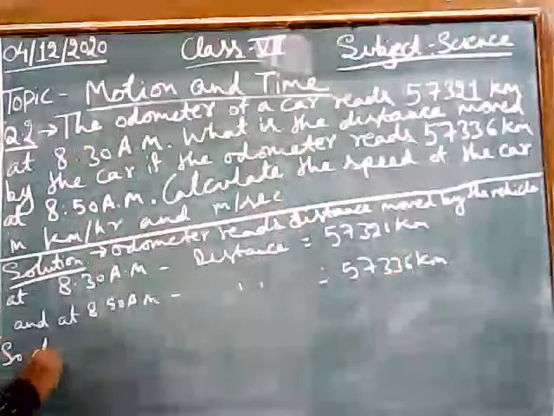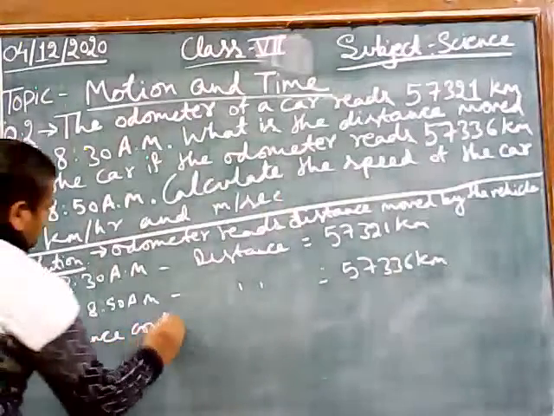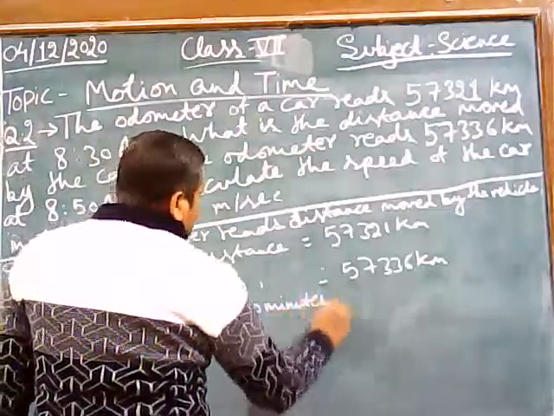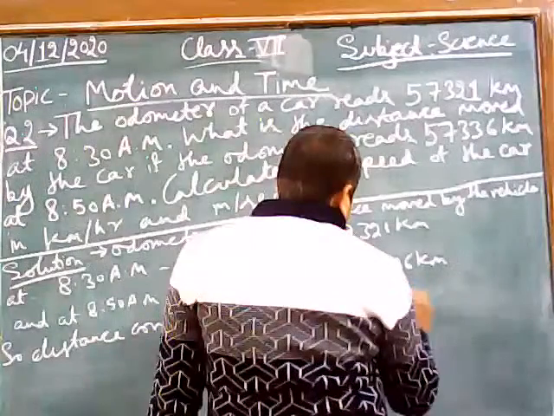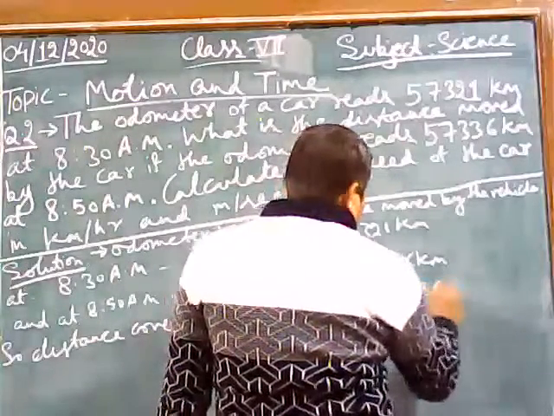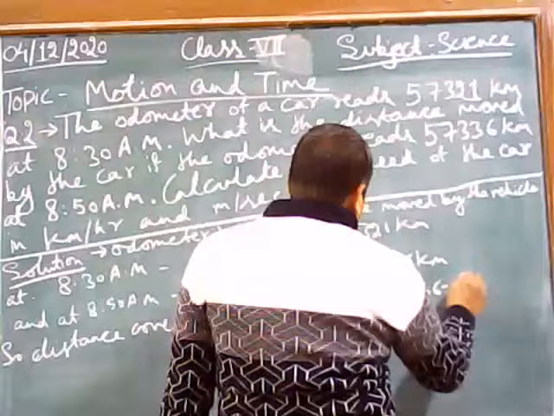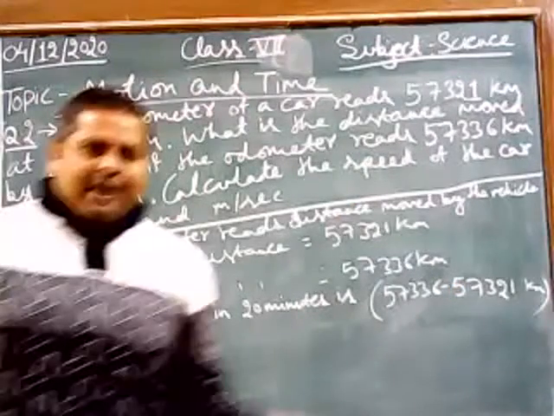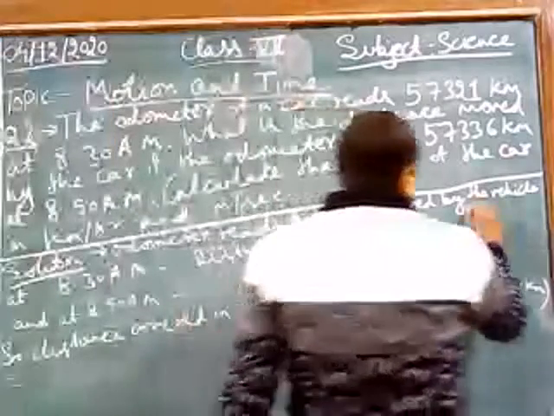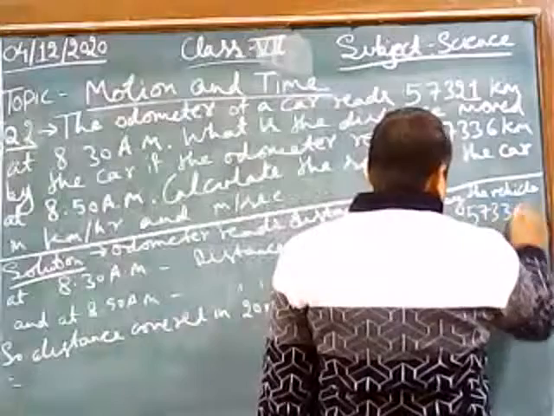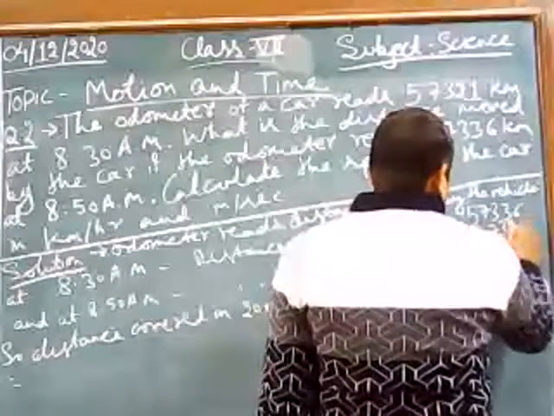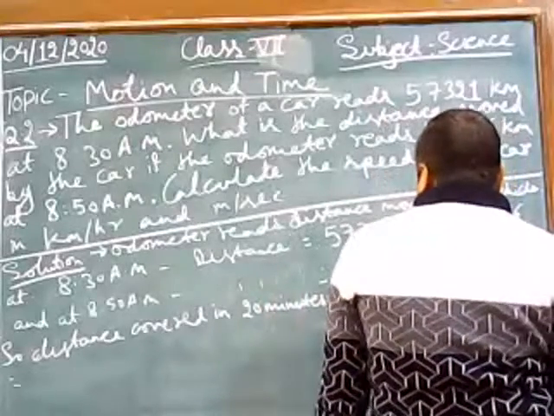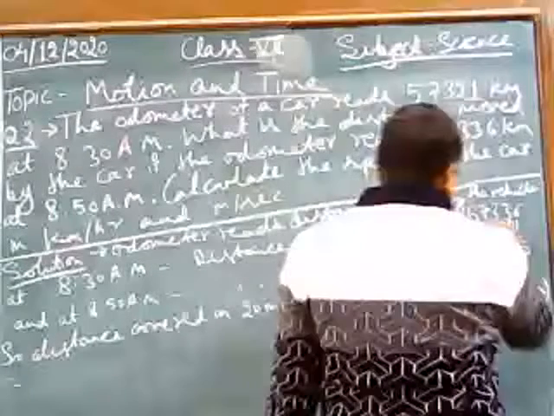So distance covered in 20 minutes is 57336 minus 57321 kilometer. How much will it be? Final minus initial reading. 57336 minus 57321 is 15. So 15 kilometers.